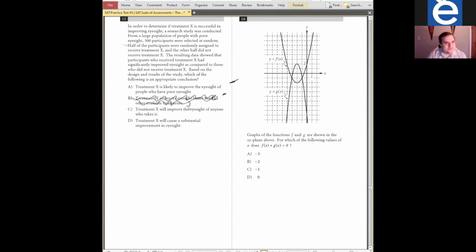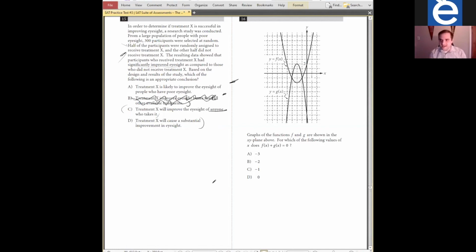Treatment X will improve the eyesight of anyone who takes it. See, that might be tempting, but first of all, anyone is way too strong, but we can't even say it's likely to improve the eyesight of anyone. And that would actually be this one, will cause a substantial improvement. Well, one, it did say it significantly improved the eyesight, but again, we're only allowed to apply this conclusion to the group we studied.